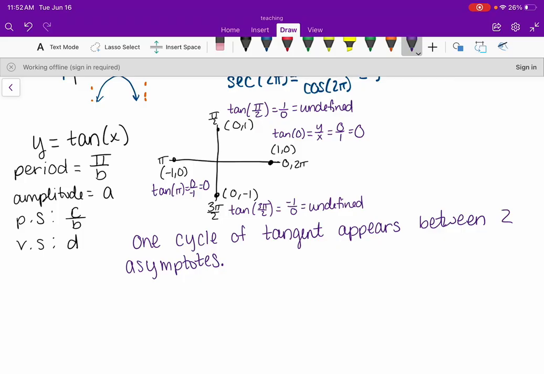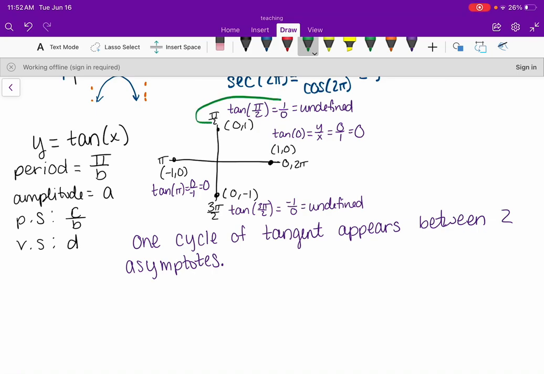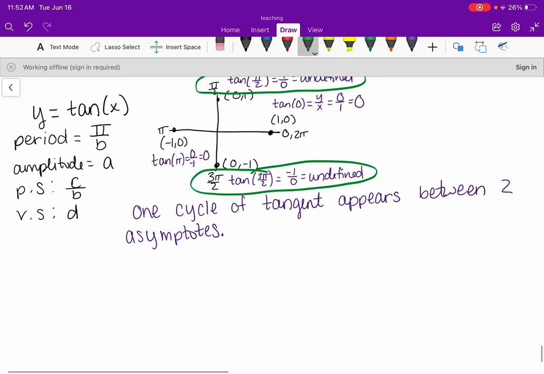Asymptotes happen when, for what we're talking about at least, the denominator equals 0, so where we see undefined values. So that's going to happen up here at pi over 2 and down here at 3 pi over 2. So that is one cycle of tangent appears between my asymptotes.